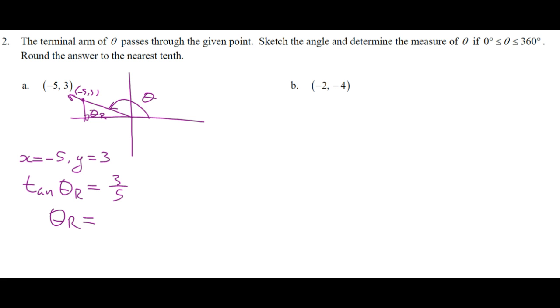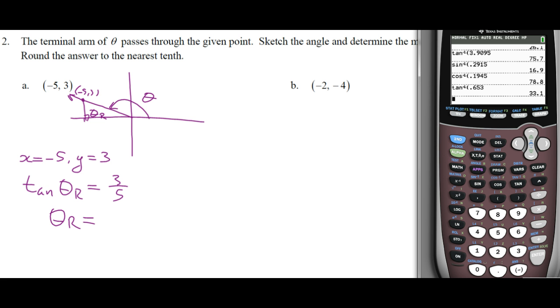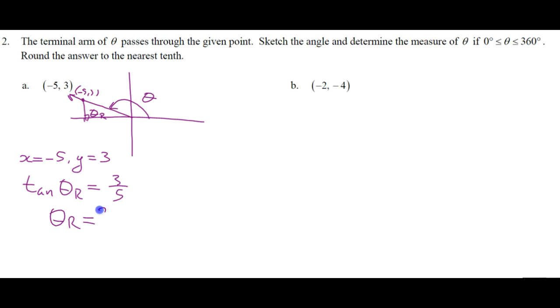For the reference angle, they want nearest tenth, so I can just leave the calculator. Second tan inverse of 3 divided by 5, close the parenthesis. So our reference angle is 31.0 degrees. They asked for nearest tenth, so let's throw in the .0.